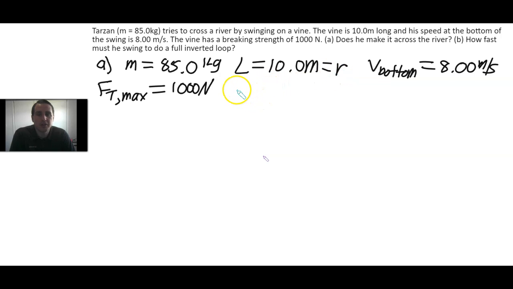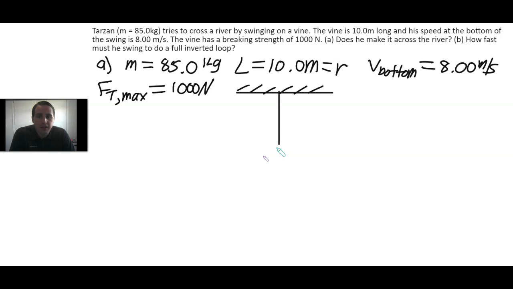And let's see if we can understand that by drawing a picture. Let's assume this is the top of the forest canopy, say right about here. And this is just a sketch. And Tarzan's coming down. So this is Tarzan at the bottom here.